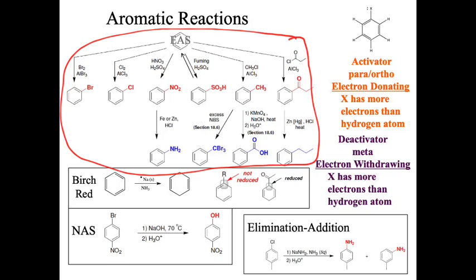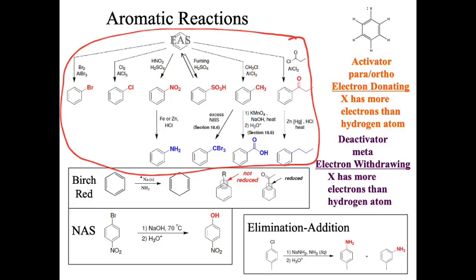What defines electron donating? If atom X has more electrons than a hydrogen atom. What atom has more electrons than a hydrogen atom? All of them. Every single atom has more electrons than a hydrogen atom. Which might then cause an issue when we move to the next one. Deactivators are electron withdrawing.